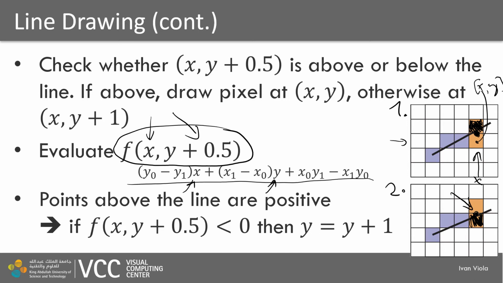In each iteration from left to right, we always know the next x coordinate, and we evaluate whether the y coordinate will be the same or incremented by 1. A simple technique, and it results in reasonable lines that are continuous and have no holes.